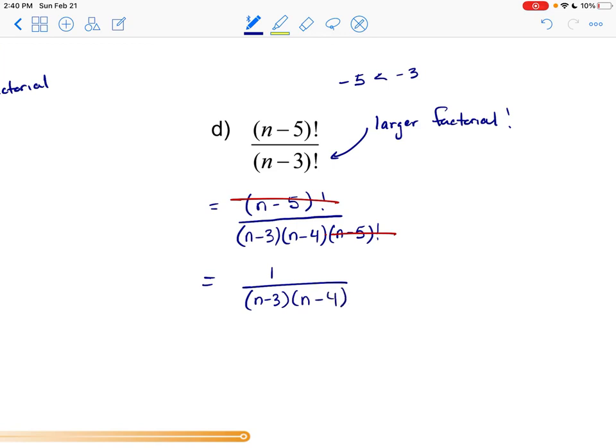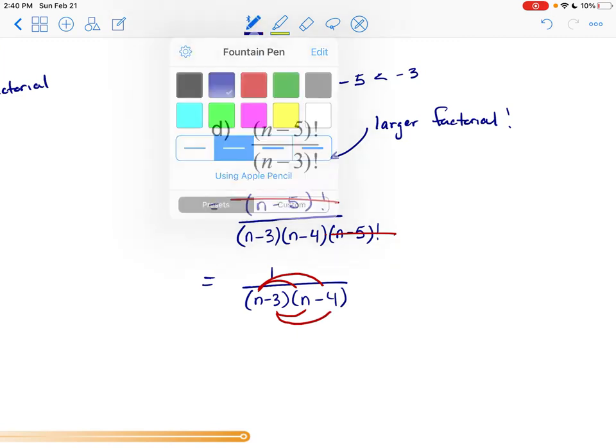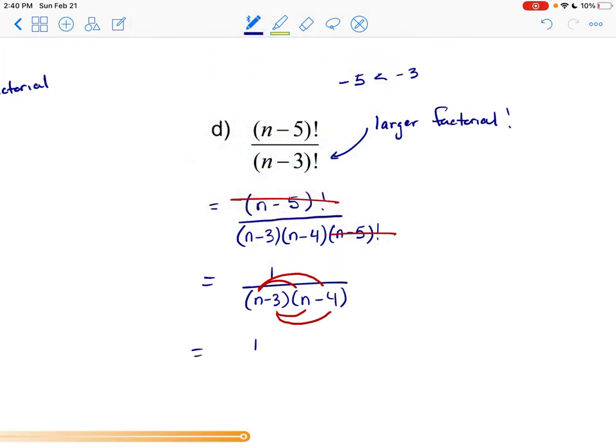Now we're going to have to FOIL that out. So remember, FOIL is our first terms multiplied by our outside terms, multiplied by our inside terms, times our last terms there. So we get 1 over n times n is n squared. And then we have a minus 3n.